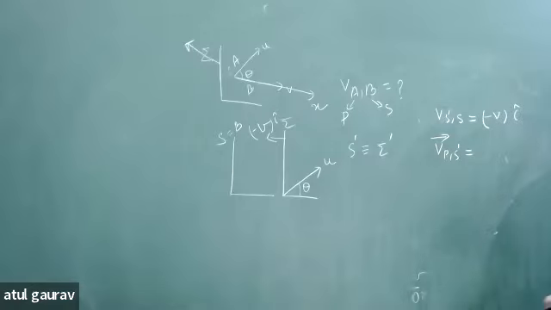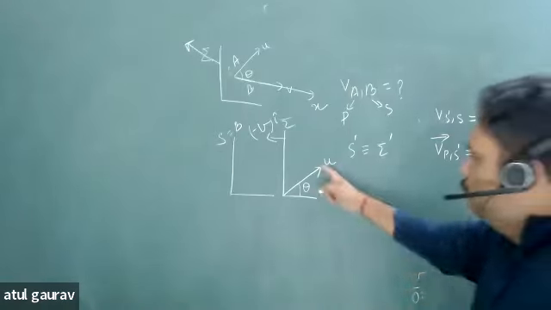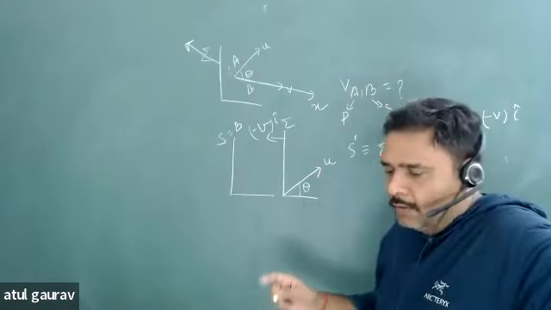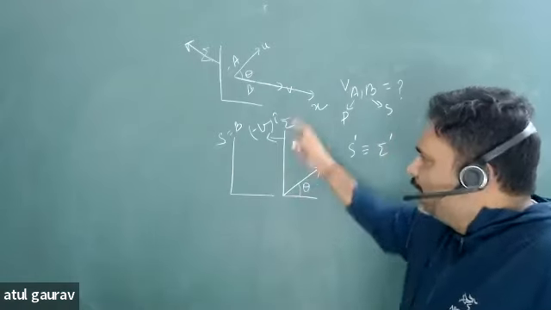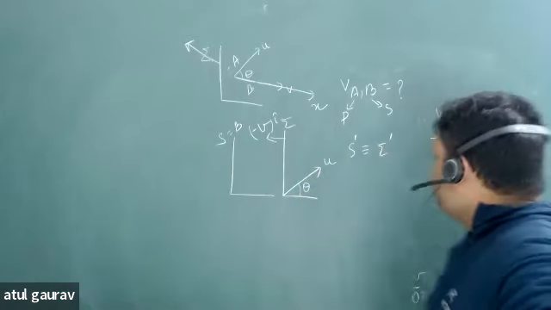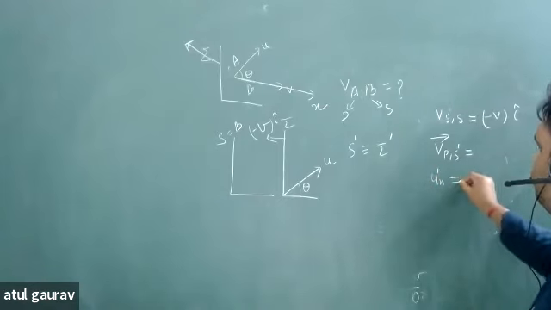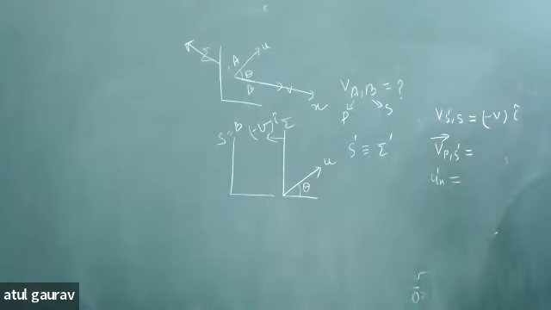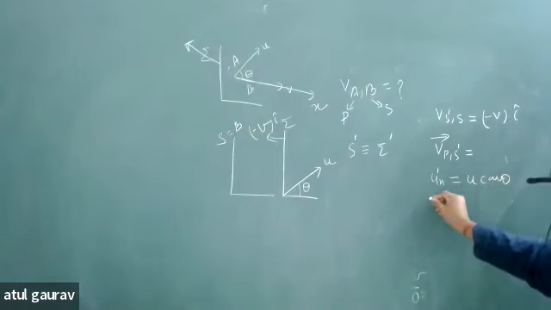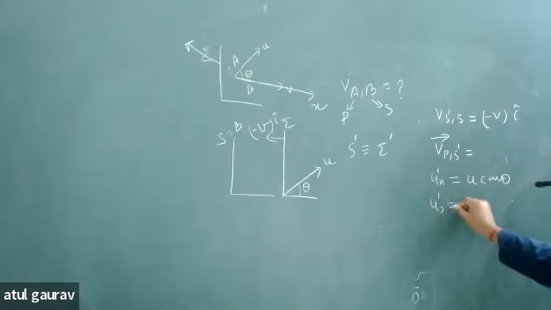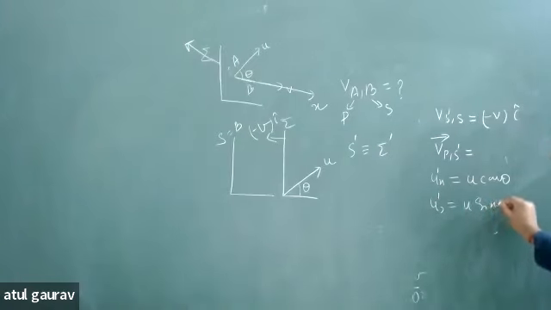You have to take two components, one along x-axis and another along y-axis. So what is your ux dash? u cos theta. Very good. What is your uy dash? u sin theta.